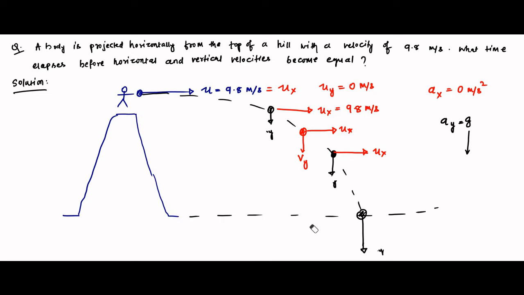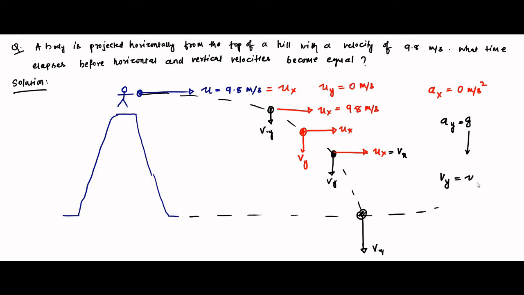As the horizontal component is constant, it will always be the same, ux, equal to 9.8 meter per second. So we have to find the particular time where Vx will be equal to Vy. The y component will slowly keep on increasing.